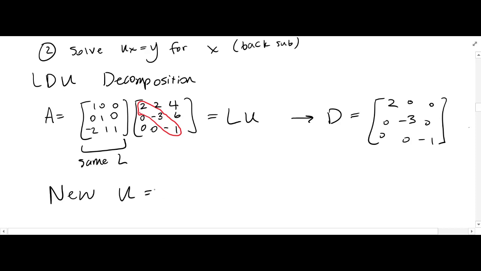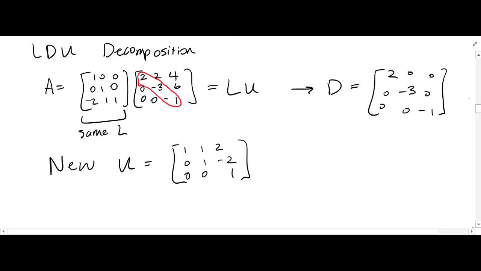So the new U matrix would be dividing the first row by 2, you get 1, 1, 2. And dividing the second row by negative 3, you get 0, 1, negative 2. And dividing the last row by negative 1, you get 0, 0, 1.